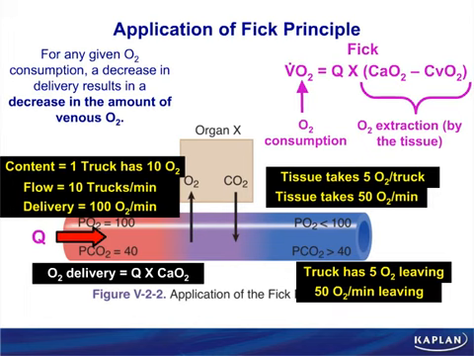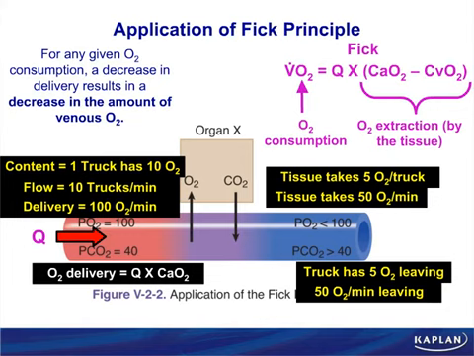All right, now, we said if flow goes down, then extraction goes up, and that's why venous oxygen goes down. But now, what happens if oxygen content goes down? Well, let's go back to our little simplistic example. Before, each truck had 10 oxygens. The flow was 10 trucks per minute, so we're delivering 100 oxygens per minute.